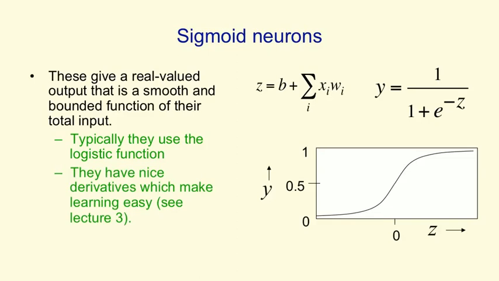When the total input is 0, e to the minus 0 is 1, so the output's a half. And the nice thing about a sigmoid is it has smooth derivatives. The derivatives change continuously, and so they're nicely behaved, and they make it easy to do learning, as we'll see in Lecture 3.